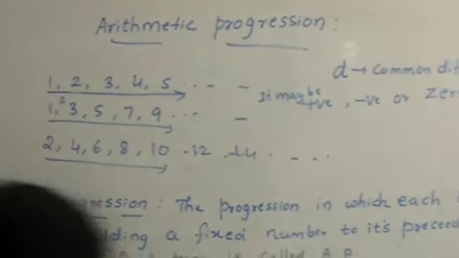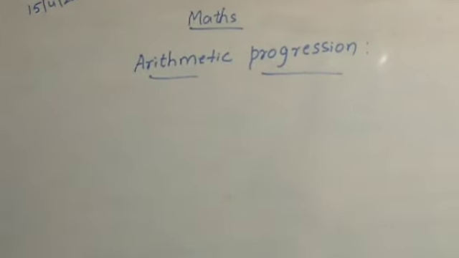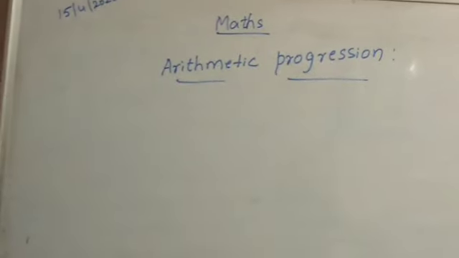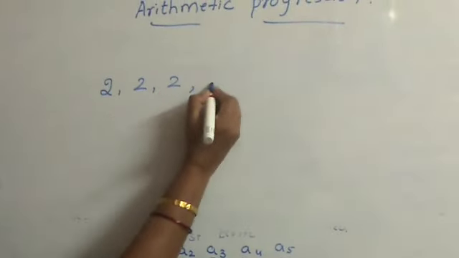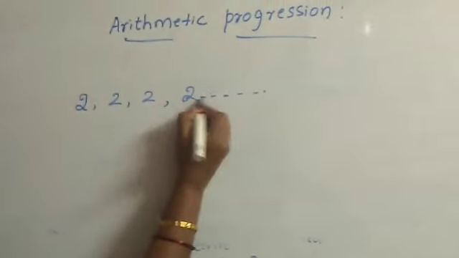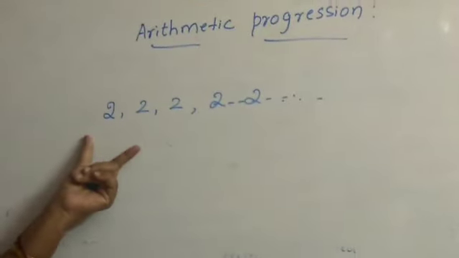Understood? Yes. I will give you some examples, and you have to tell me whether it is an AP or not. I will write some examples here. Tell me now: 2, 2, 2, and so on. Does this form an AP?